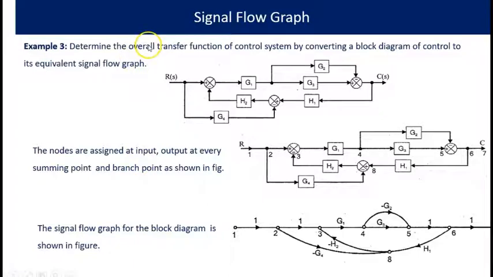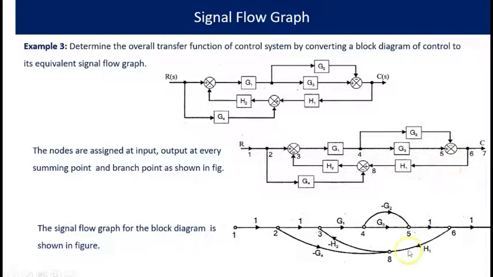One more problem. Determine the overall transfer function of a control system by converting this block diagram into an equivalent signal flow graph. So here also we assign nodes. Here the summing point is placed after the takeoff point, therefore two nodes. This is the input node, then the second node, the third node, G1, G3, G2 parallel path.